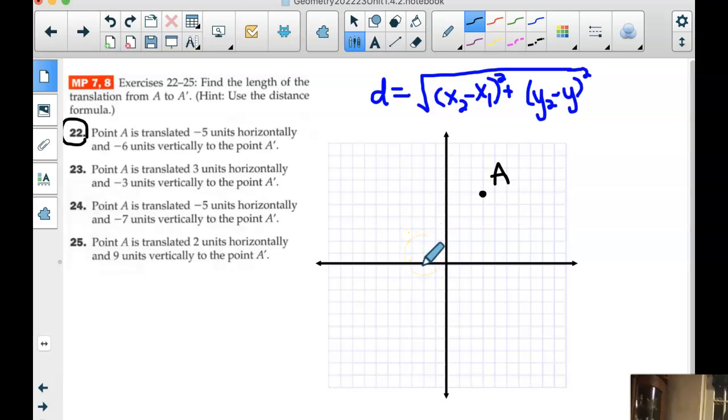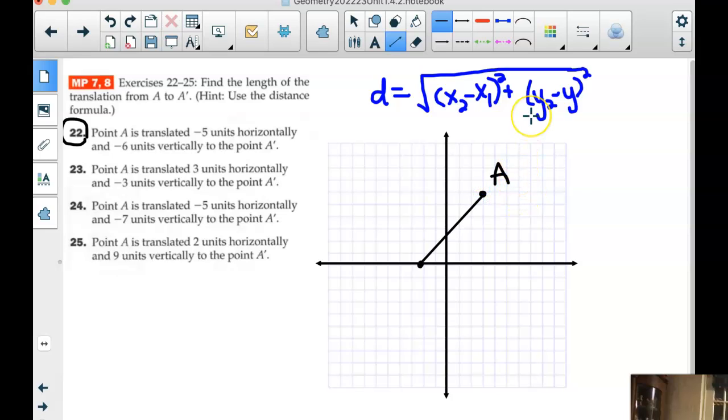Oh, look at it. Ends up on the line. That's fine. And then I would basically have to measure the distance. But there might be a nice sneaky way to do it. If we can turn this into a right triangle and use the Pythagorean theorem, we'll have it made.